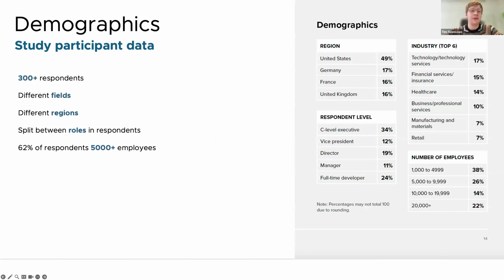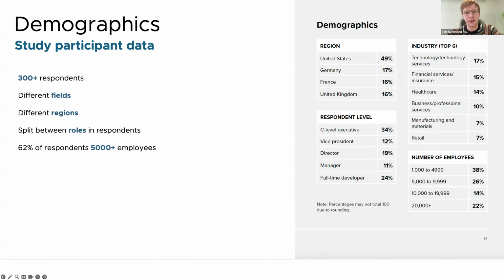So the demographics for the survey made by Forrester Consulting: we got 300 plus respondents, all from different fields and different regions, with lots of different roles. It's almost a 50-50 split between America and Europe. There's a big split between full-time developers, managers, and directors. So it's very representative.